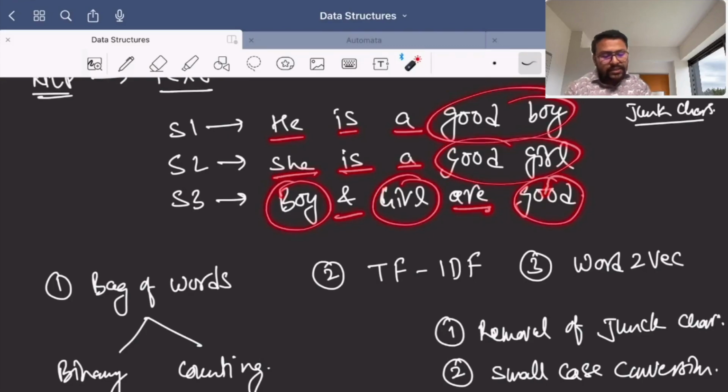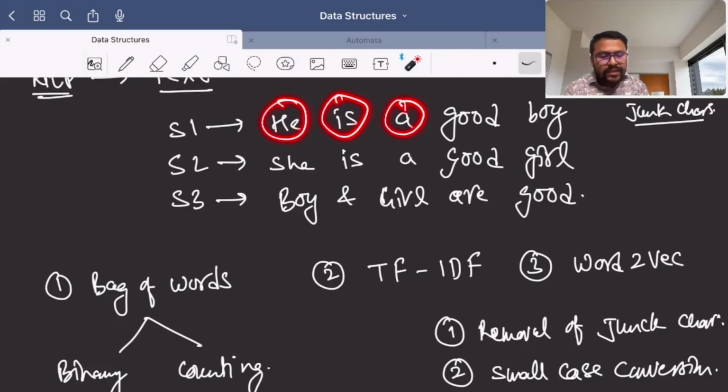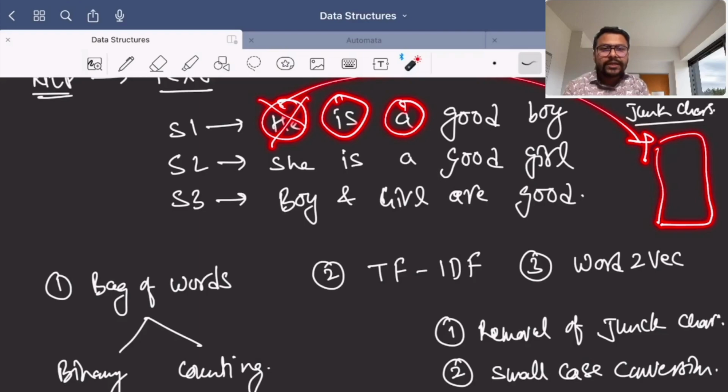We have a library, or you can think of it as a list of words considered to be stop words, which do not contribute much to the meaning. I will check each word and match it with that dictionary. If the word is available in that dictionary, I will remove it. If it is not present, it is not a stop word.